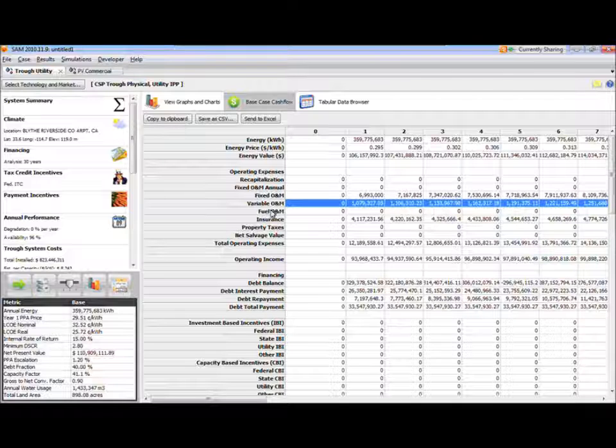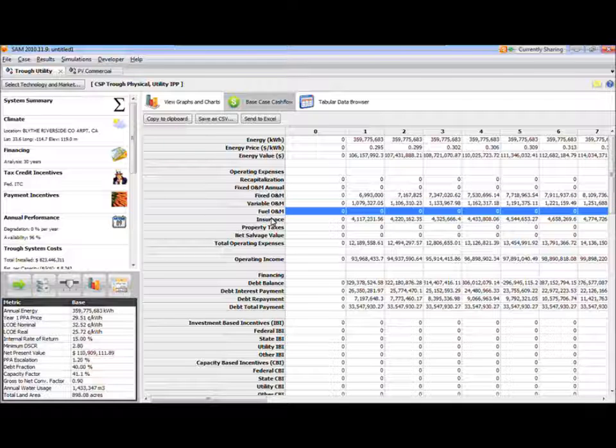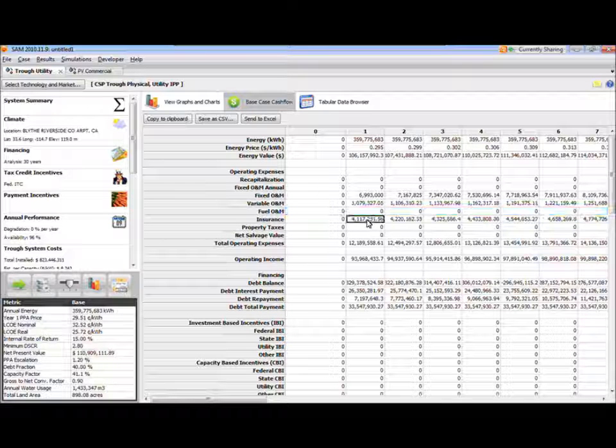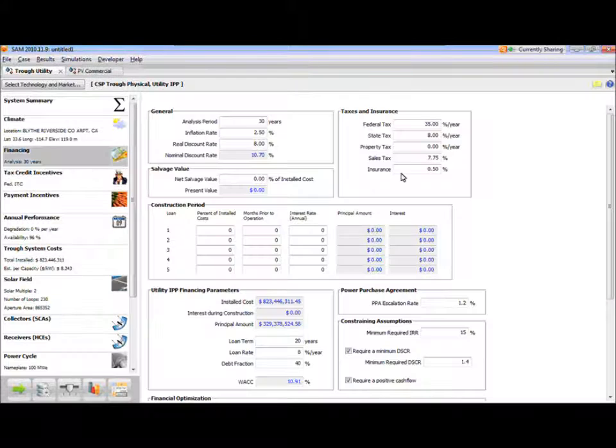These amounts are calculated based on the values that I specified on the cost page, year 1, year 2, and so on. This system doesn't have fossil backup, so there's no fuel cost. Here's the insurance cost. This insurance cost is calculated as a percentage of the total install cost. I have a 0.5% insurance percentage, and I can see the amount in the cash flow.